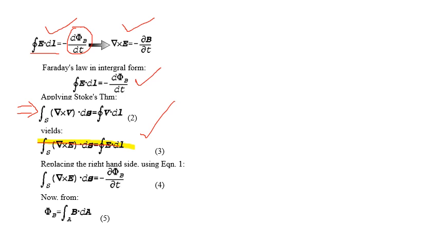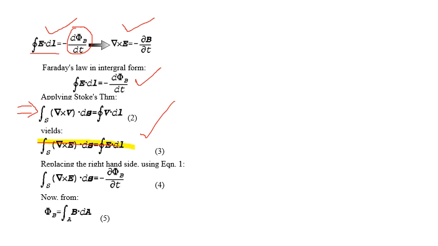Now replacing the right hand side using the previous equation 1, you can write this surface integral of del cross E should be equal to minus d phi by dt. We know the flux can be written as B dot dA.